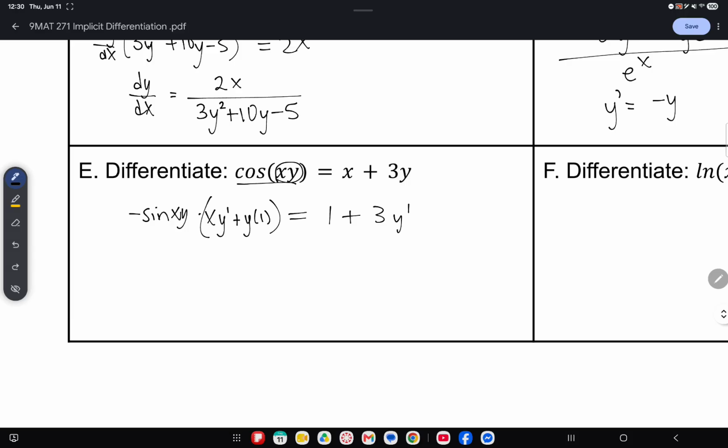Then we want to isolate the y primes. So I'm going to do a couple of things. Let's see. I want to move the 3y prime over.